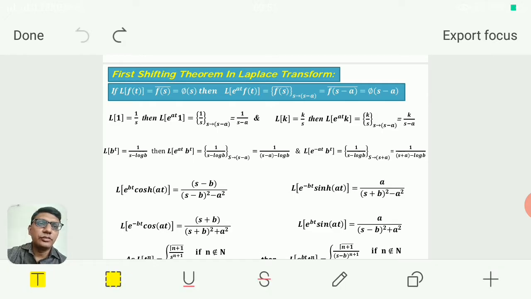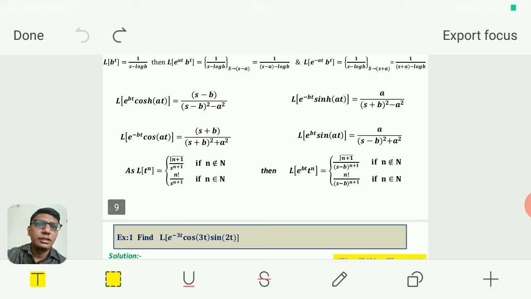Similarly, Laplace of e raised to bt into sin at is equal to a upon s minus b whole square plus a square. In the last formula, we know that Laplace of t raised to n is equal to gamma of n plus 1 upon s raised to n plus 1 if n is not an integer.